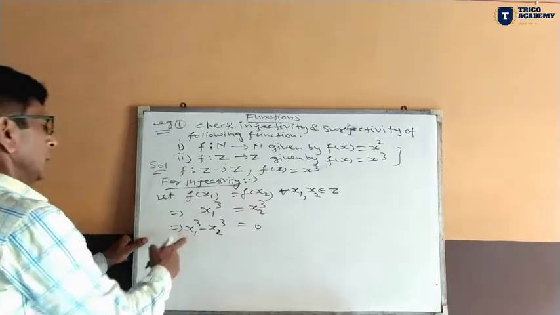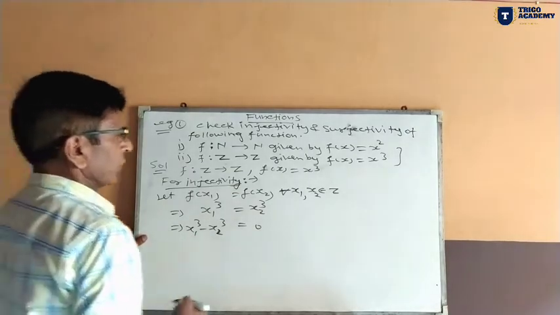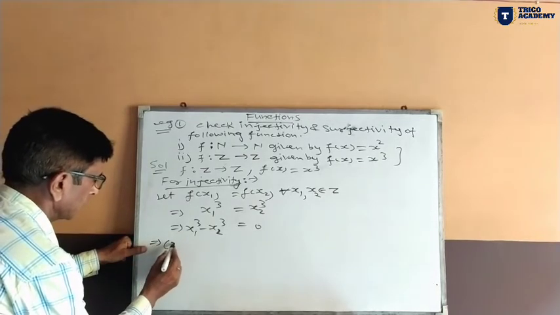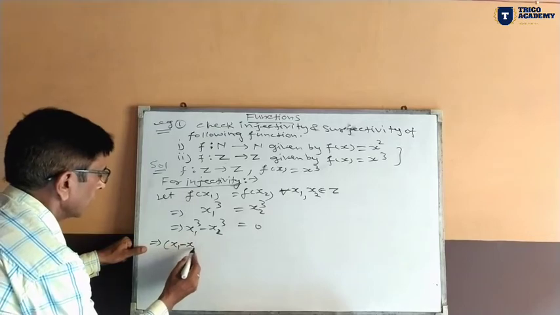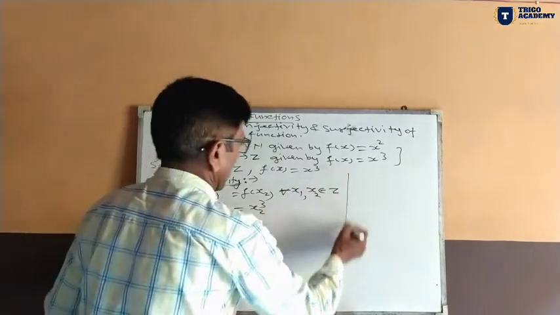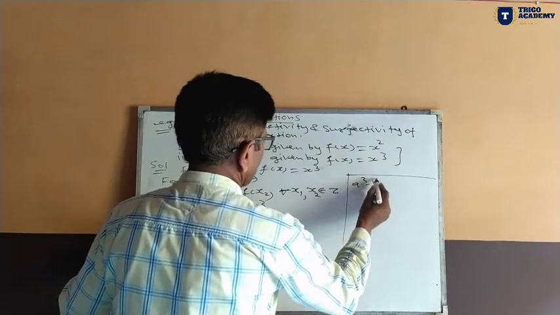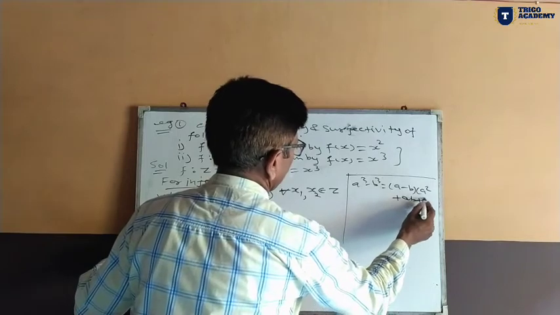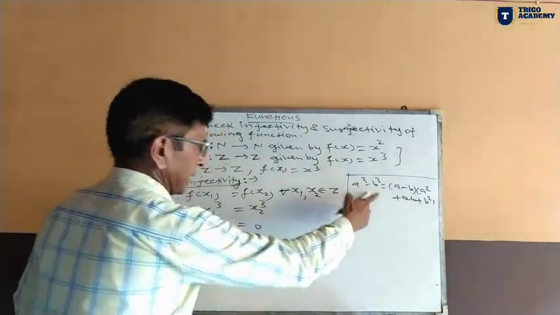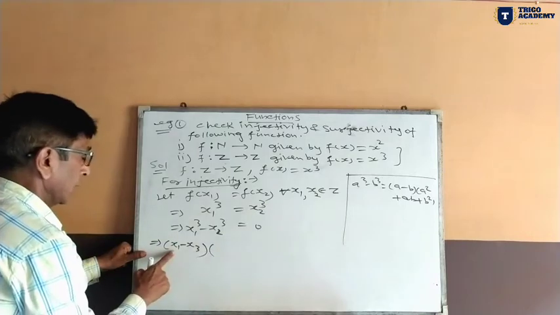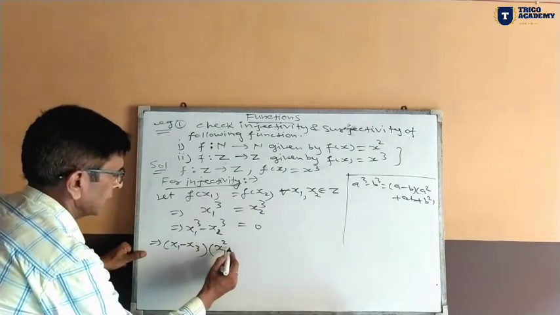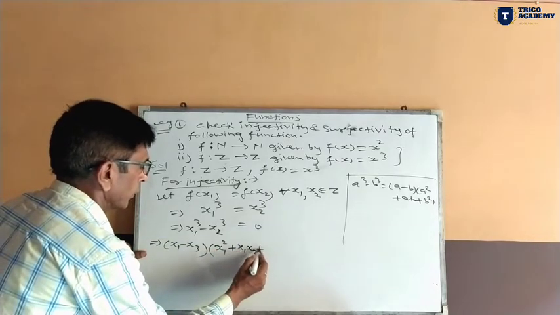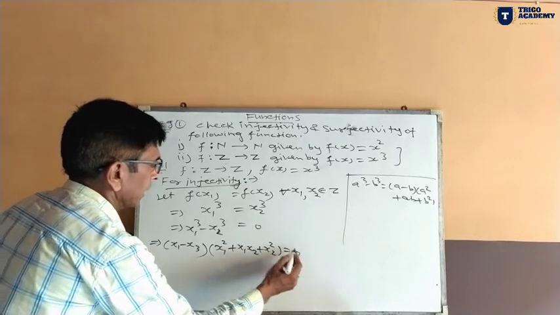Apply here the a cube minus b cube formula, which is a minus b into a square plus ab plus b square. So we apply this formula: (x1 minus x2) into (x1 square plus x1 x2 plus x2 square) equal 0.